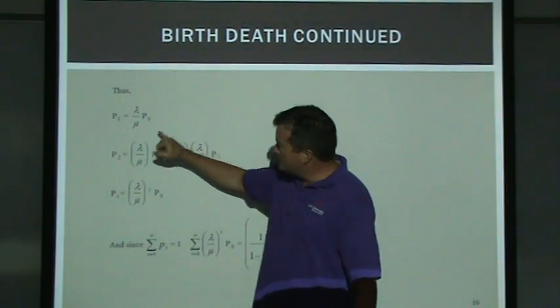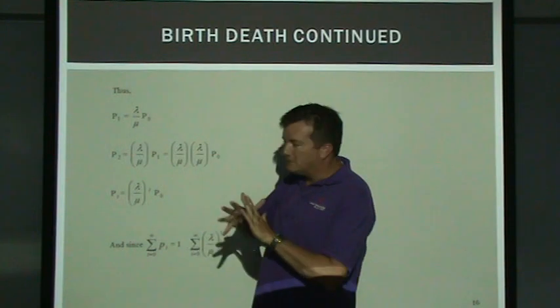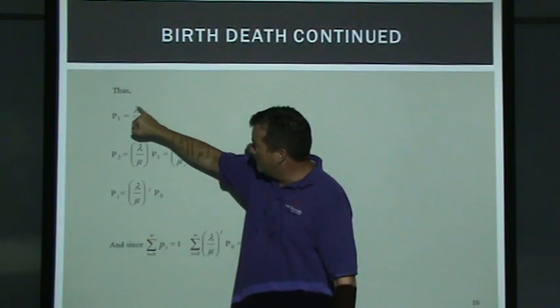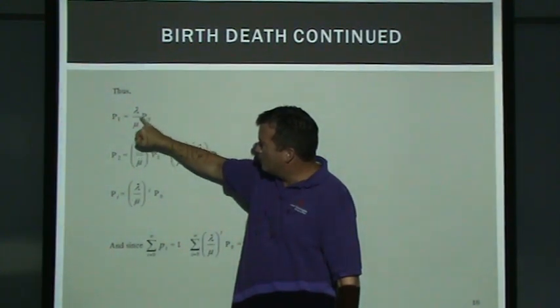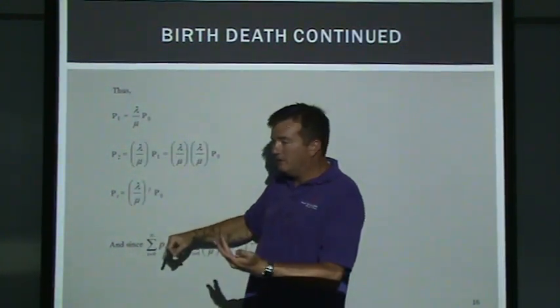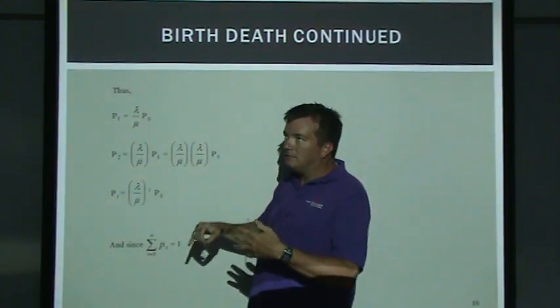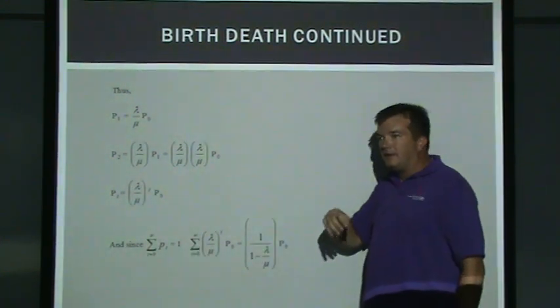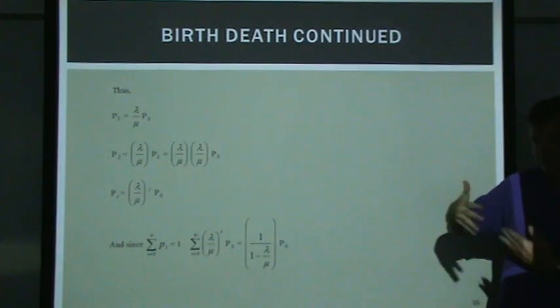So if 50% of the time this system is empty, then 25% of the time, half of a half, we're in state 1, and then half of that, 12.5% of the time we're in state 2, and 6.25% of the time we're in state 3, and so on.